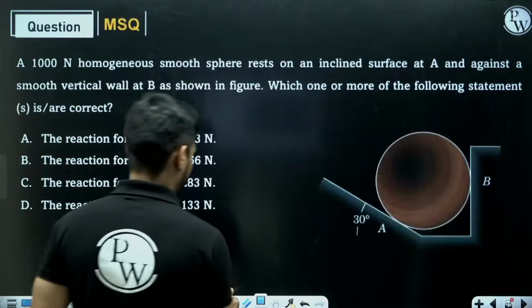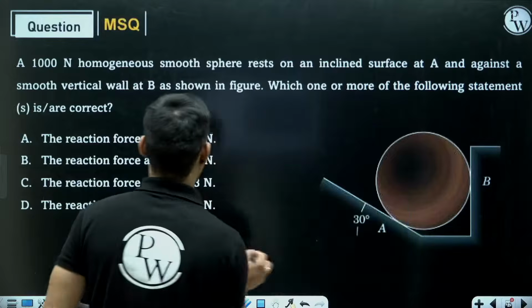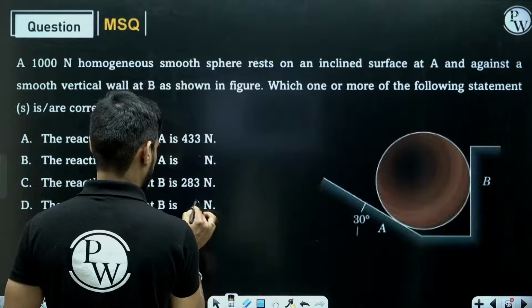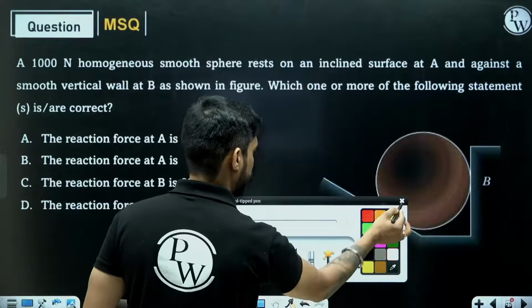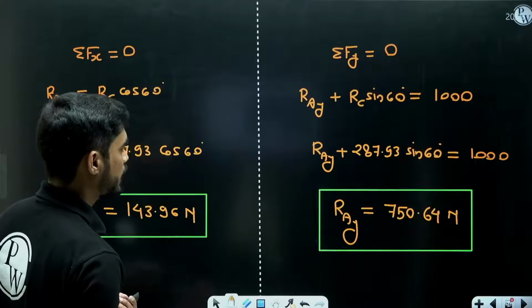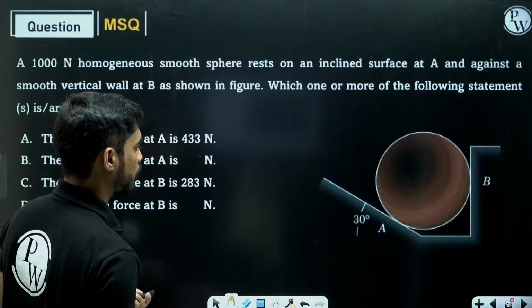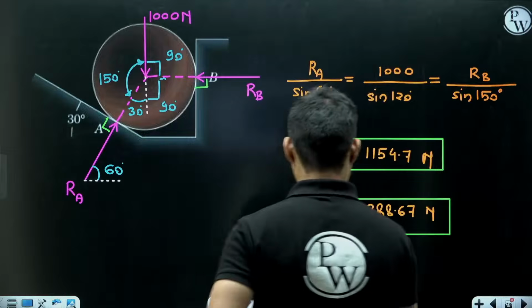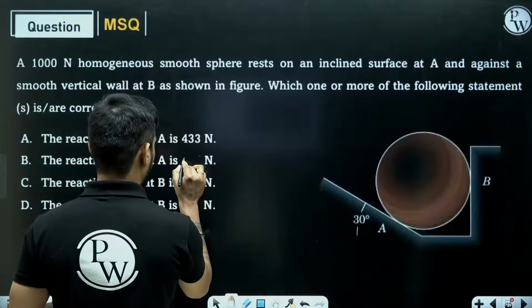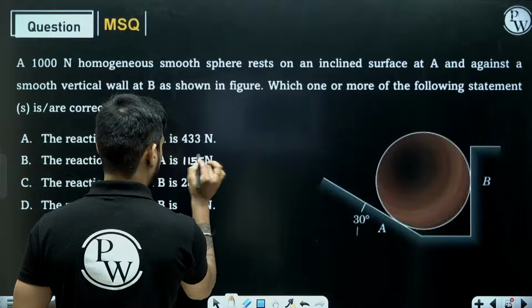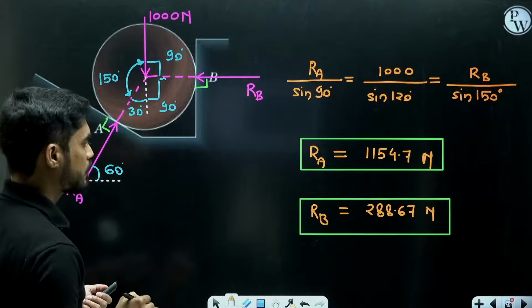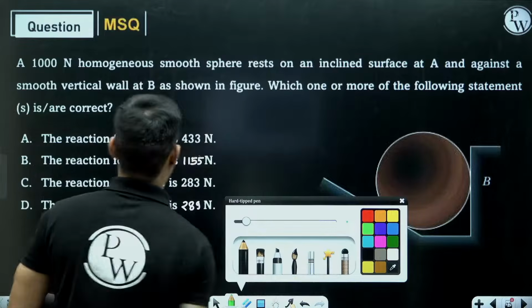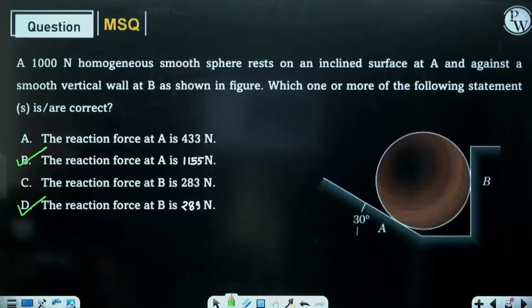Let's change the options. So RA is 1154.7, let me make it 1155. And RB is 288, so let me make it 289. So now B and D are correct.